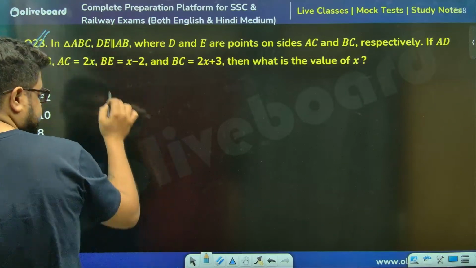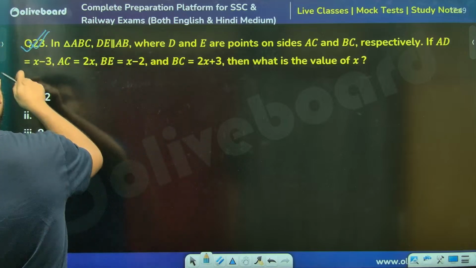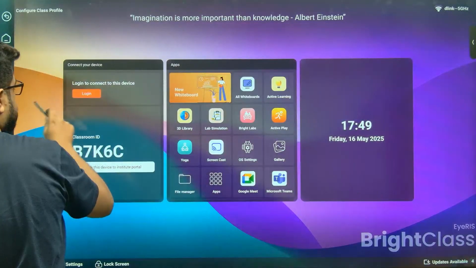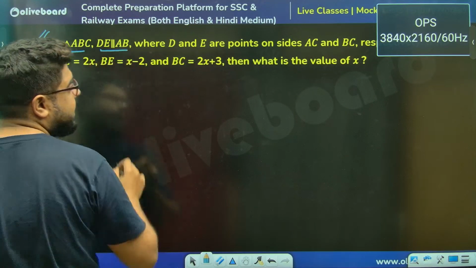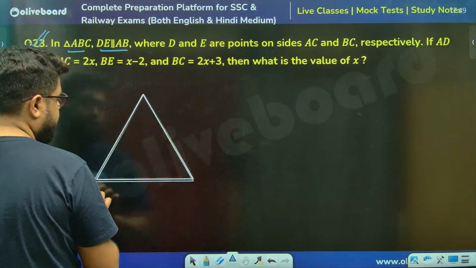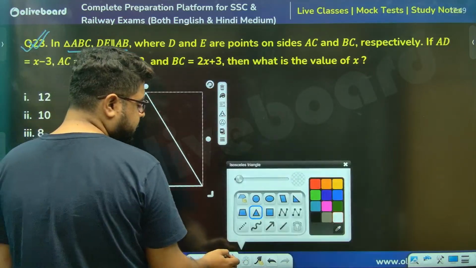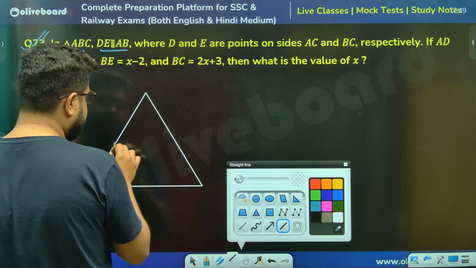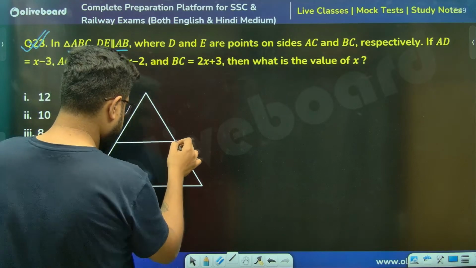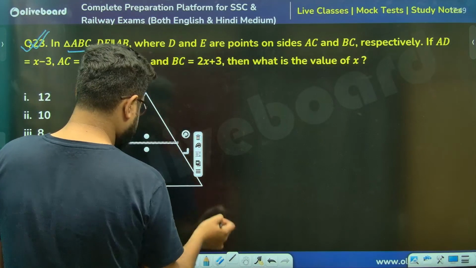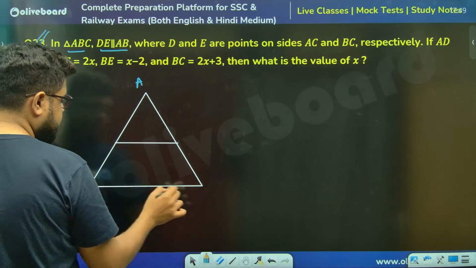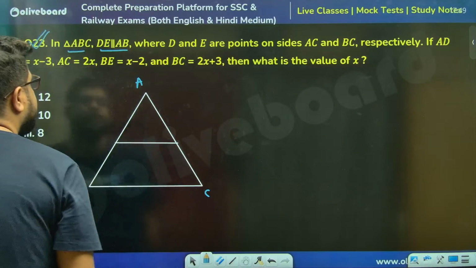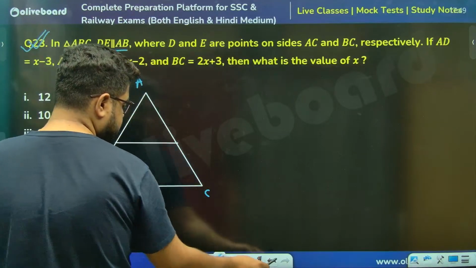In triangle ABC, DE is parallel to AB. This is honestly the most common type of question.